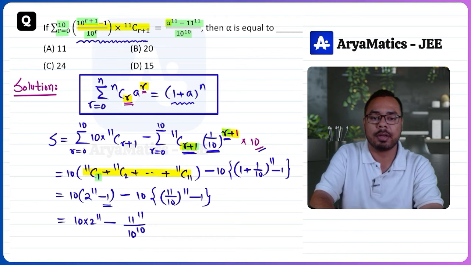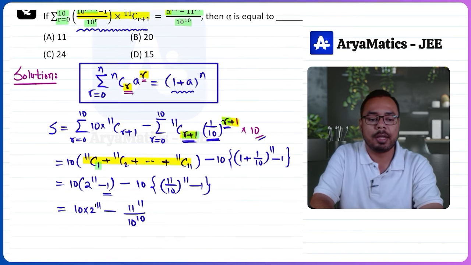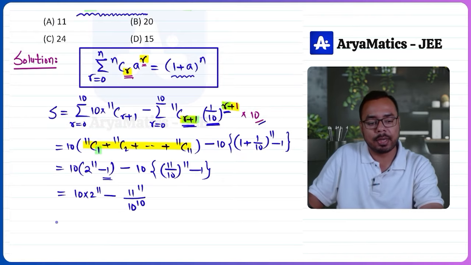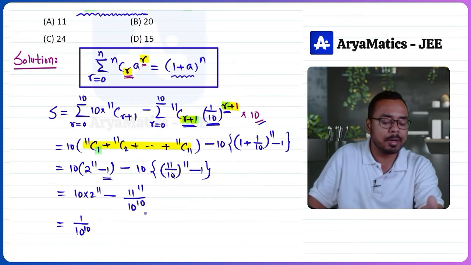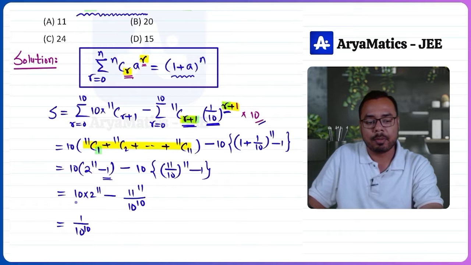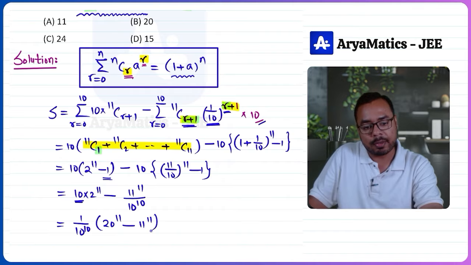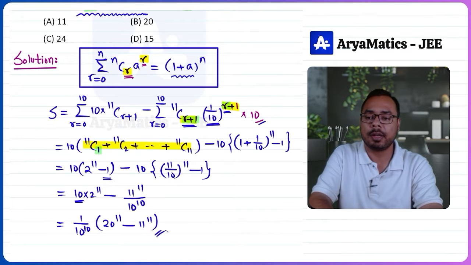And now we can take 10 raised to 10 as LCM. You can see that if I take 1 by 10 raised to 10 common from all of these, then this will become 10 raised to 11, and 10 into 2 will become 20 raised to 11 minus 11 raised to 11. So this is what we are getting.